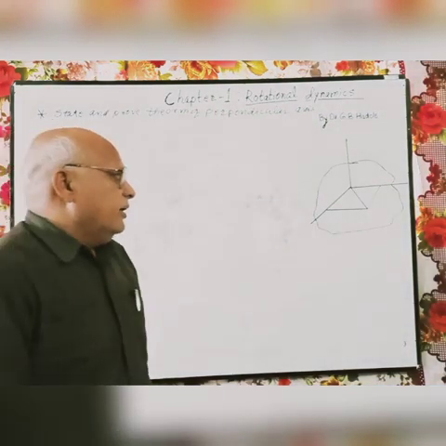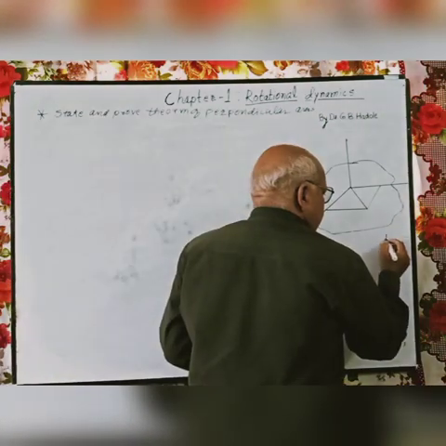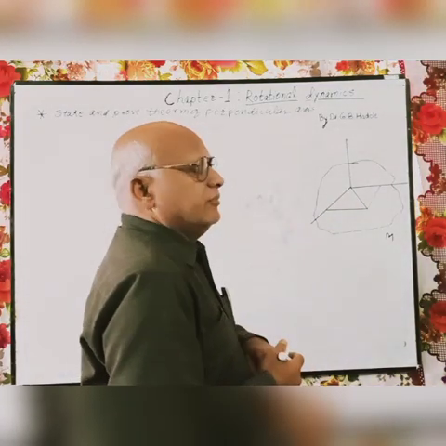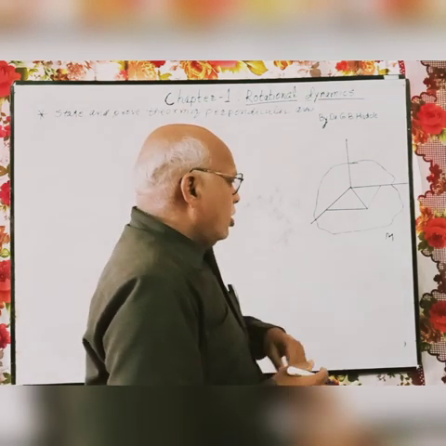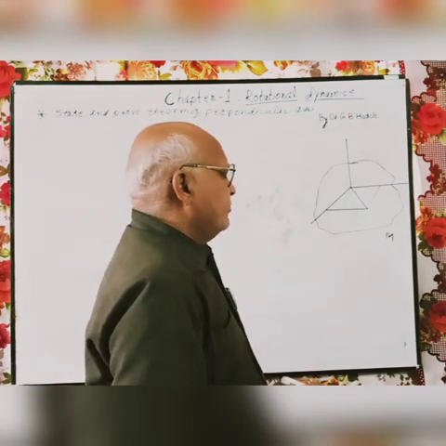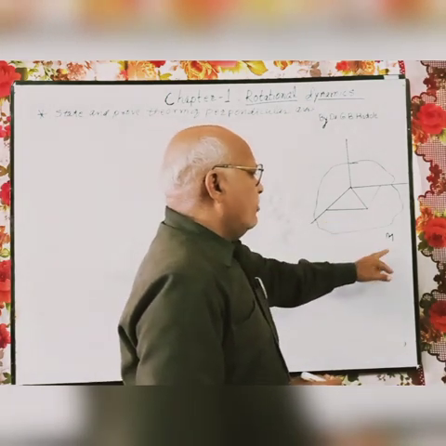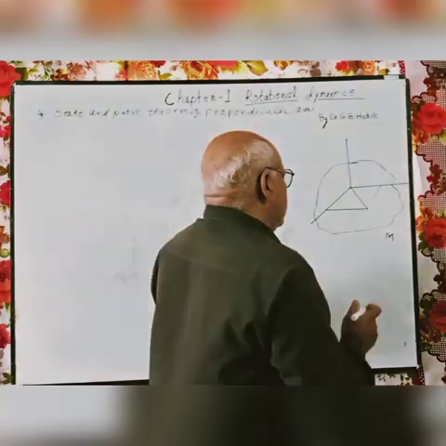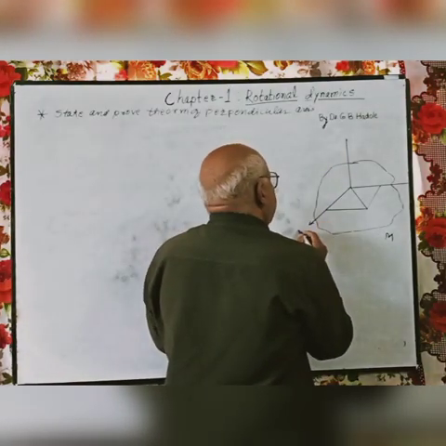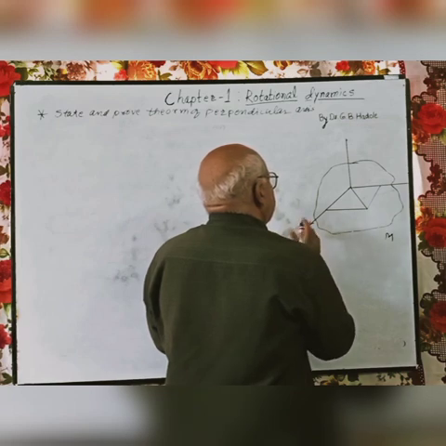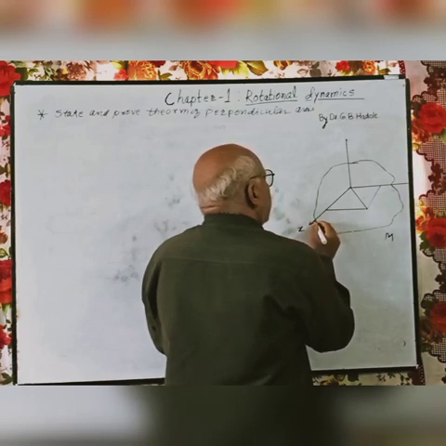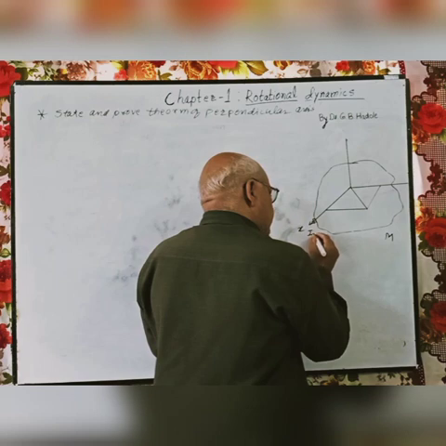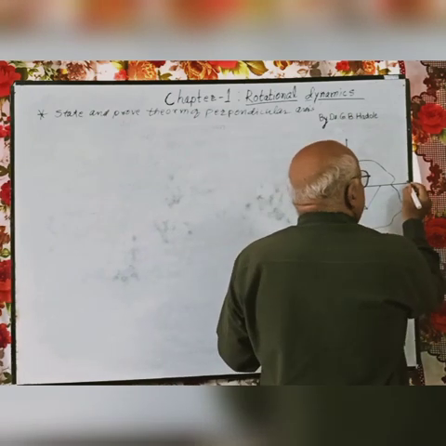So consider a rigid body of mass capital M rotating about an axis perpendicular to its plane, or consider a plane lamina of mass capital M which is rotating about a perpendicular axis to its plane. Suppose that this is the x-axis. It is rotating like this, and Ix is the moment of inertia about this x-axis.